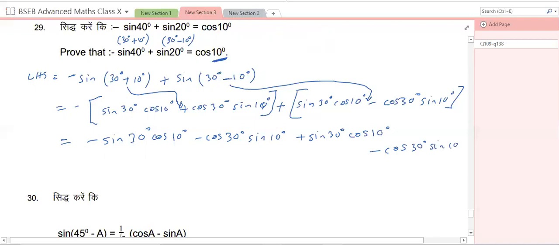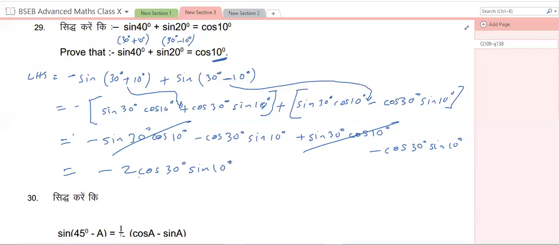There's something that's going to cancel out here, which is minus sine 30 cos 10 plus sine 30 cos 10. So what we are left with here is minus cos 30 sine 10 minus cos 30 sine 10, which is minus 2 cos 30 sine 10 degrees. Now, what is sine and cos mixture?